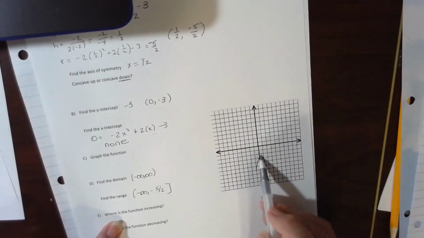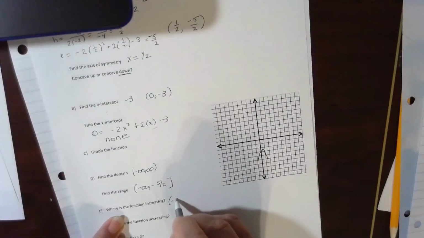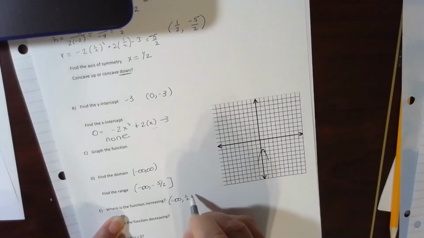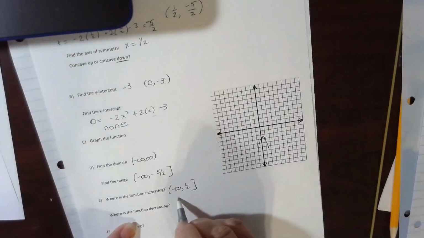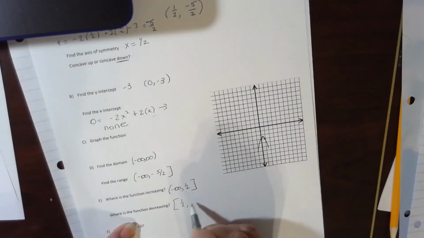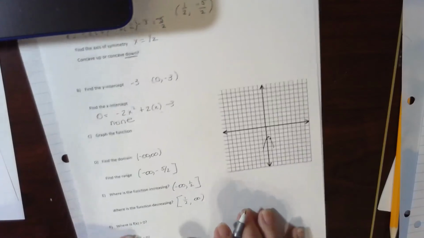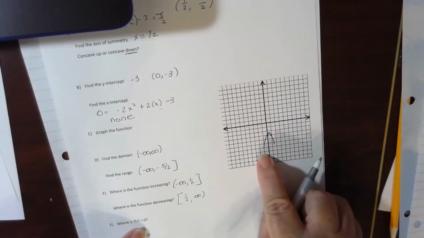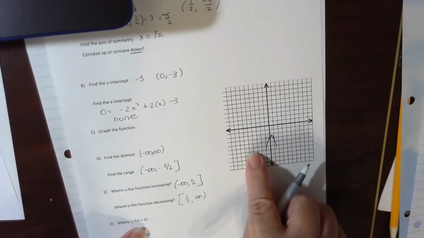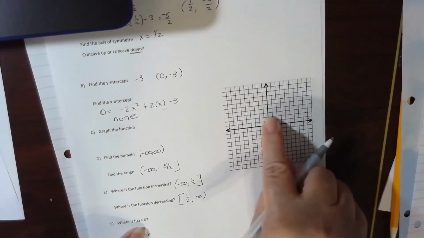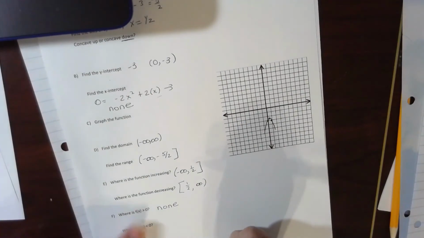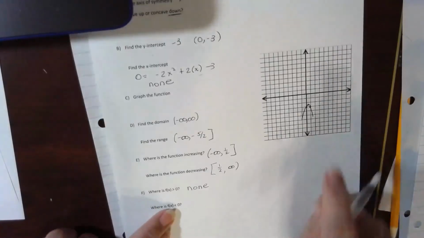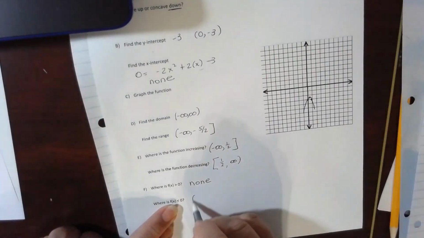From negative infinity to 1/2. Where is it decreasing? From 1/2 to positive infinity. Where are the y values positive? Look, no positive y values. Where are the y values negative? Everywhere.